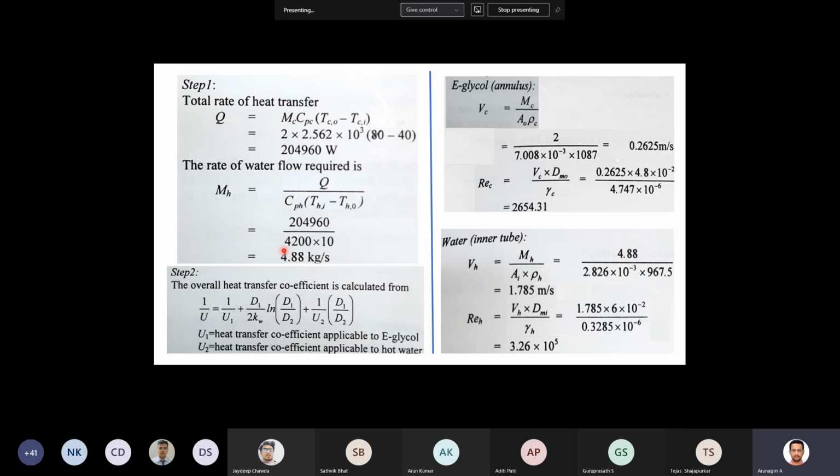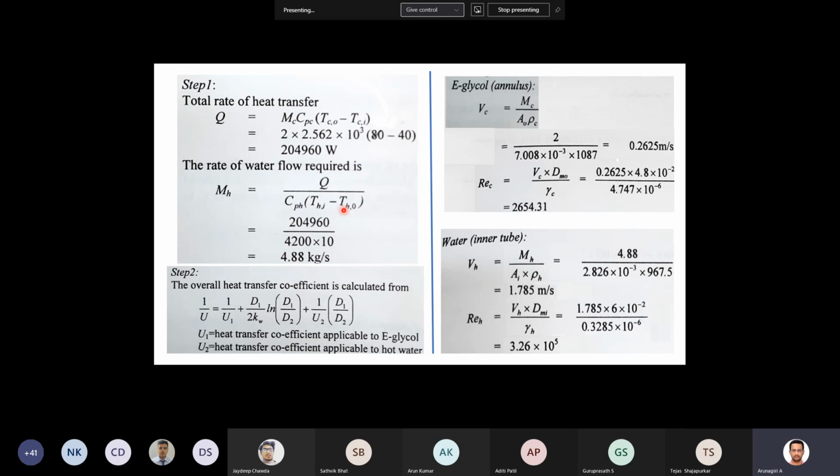The specific heat of water is 4.2 into 10 power 3 joules per kg degree centigrade. This is the delta T. So Q is the heat given by the ethylene glycol and this is the heat gained by the water. So 204960 divided by 4200 into 10. You will get the mass flow rate of water as 4.8 kg per second. So this is the first step.